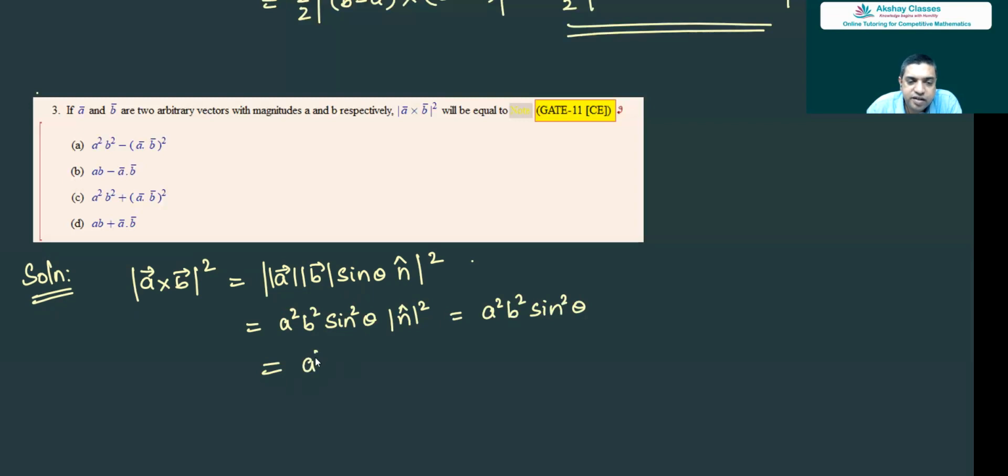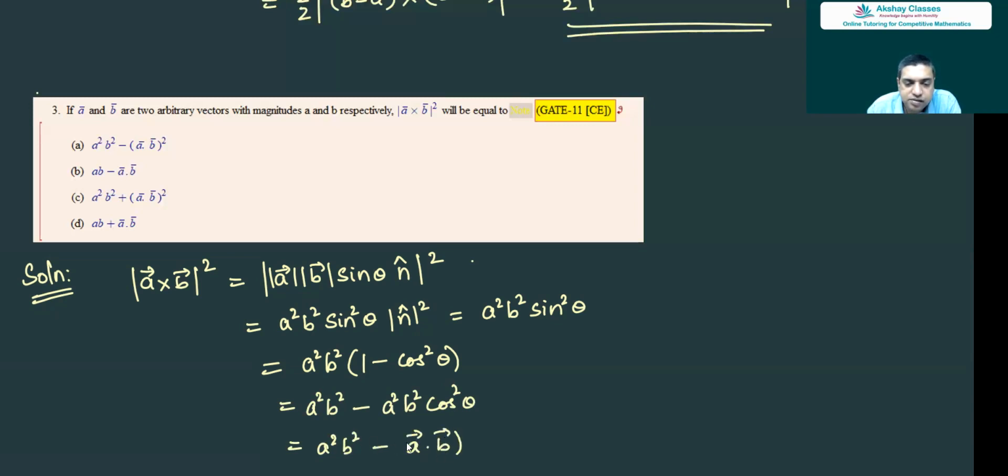The sine square theta we can write as 1 minus cos square theta. This is A square B square minus A square B square cos square theta. Now what is AB cos theta? It is A dot B, the whole square.